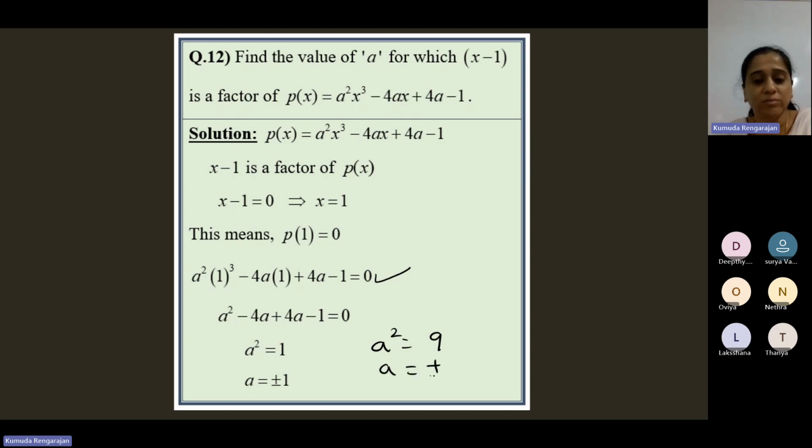A is equal to plus or minus square root of 9, right? So A is equal to plus or minus 3. In the same way here, A is equal to plus or minus square root of 1. And what's the square root of 1? 1. So A is equal to plus or minus 1, because plus 1 into plus 1 is plus 1, and minus 1 into minus 1 is also plus 1.